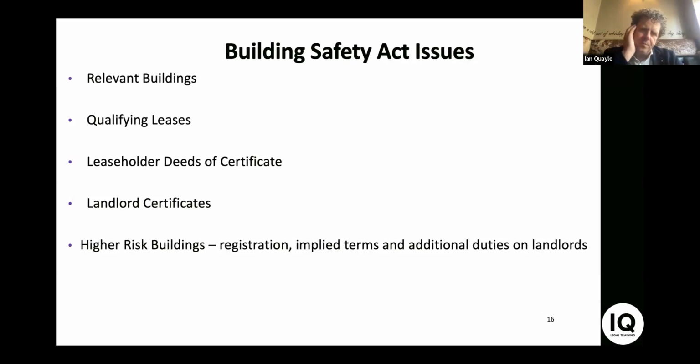2 points. Firstly, it's important to check the lease to see that the lease enables the landlord or requires the landlord to do the work, and enables the landlord to transmit cost into service charge.